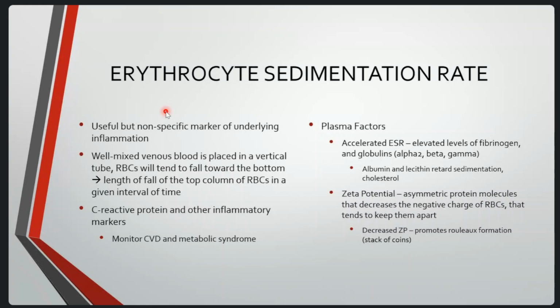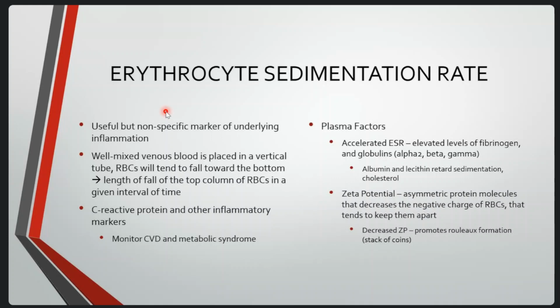Usually this is done in an hour, but with modern equipment, this can be processed as fast as 30 minutes or even 5 minutes. Most current tests being requested instead of ESR are C-reactive protein and other inflammatory markers. Here, it can even monitor cardiovascular diseases and metabolic syndromes.